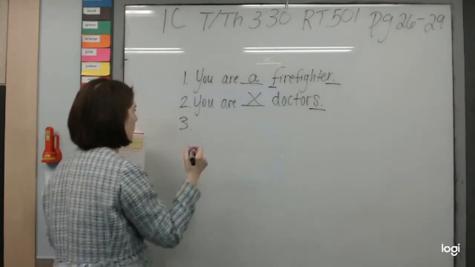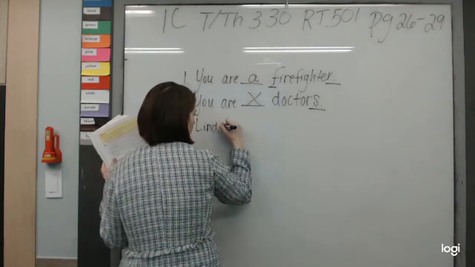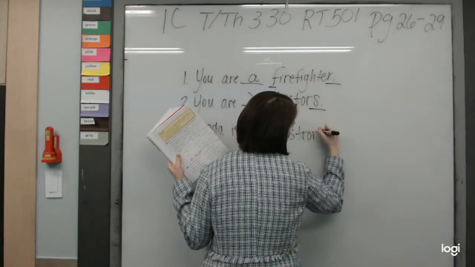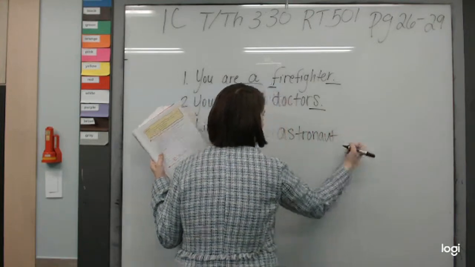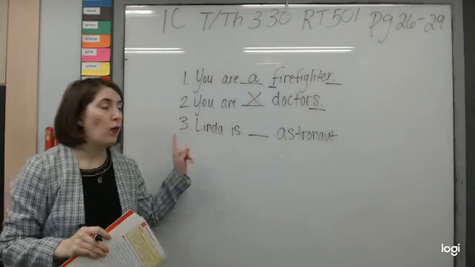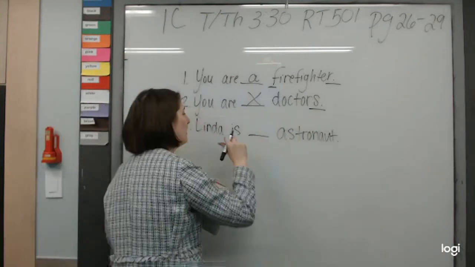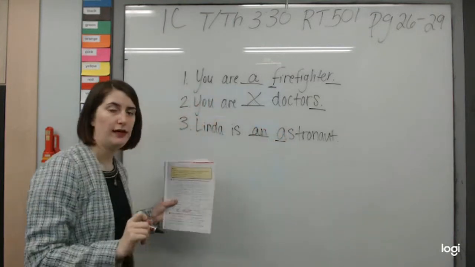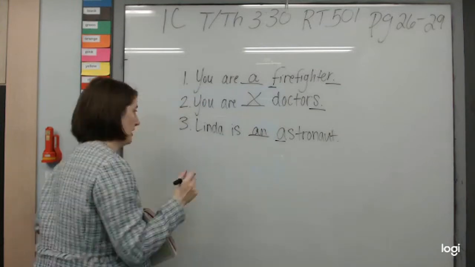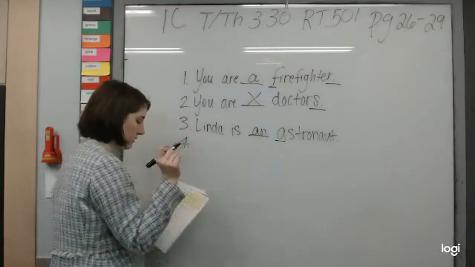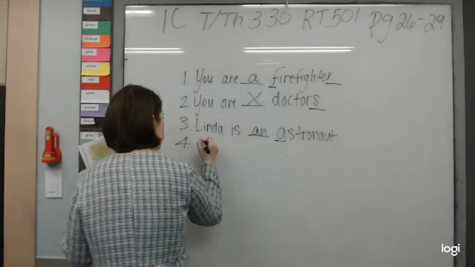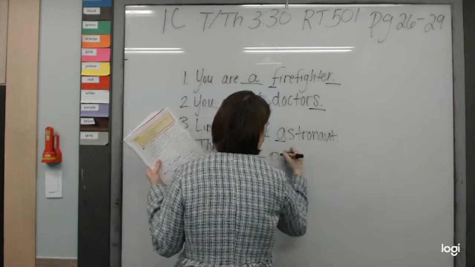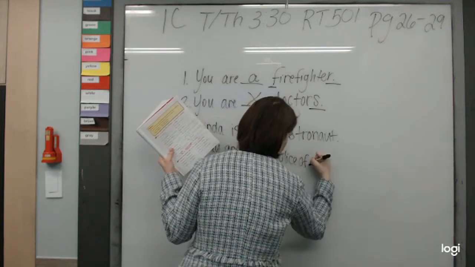Number 3, Linda is astronaut. All right, Linda is astronaut. So Linda, 1, astronaut, 1. Linda is a, so an astronaut. Linda is an astronaut. Okay? Number 4, they, meaning many, are police officers.